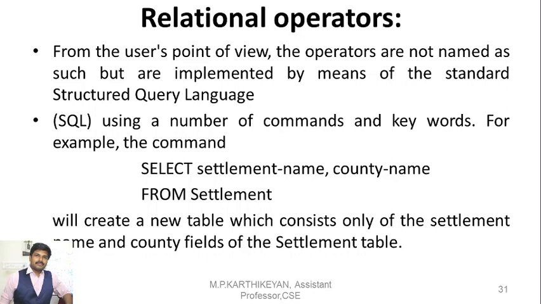Okay, so here is an example. Select settlement name, comma, country name from settlement. Here settlement is the name of the table, and settlement name and country name are the fields, or attributes, or columns available in the settlement table.